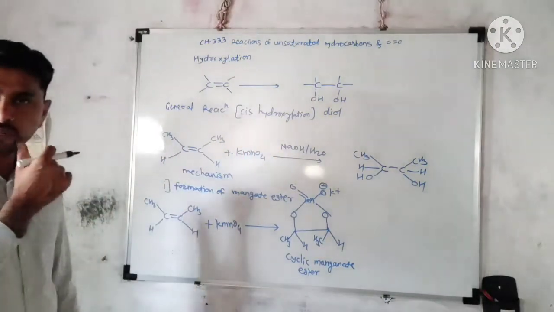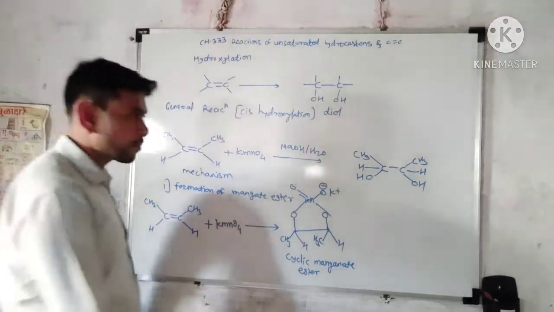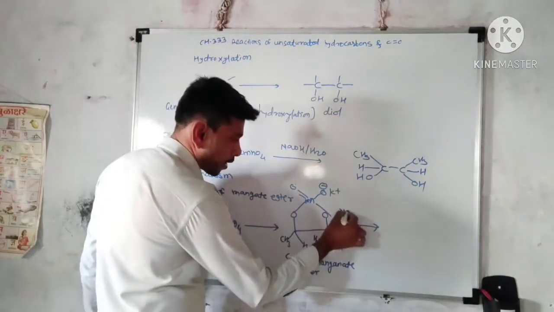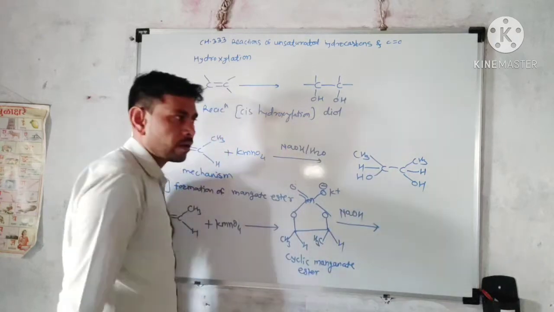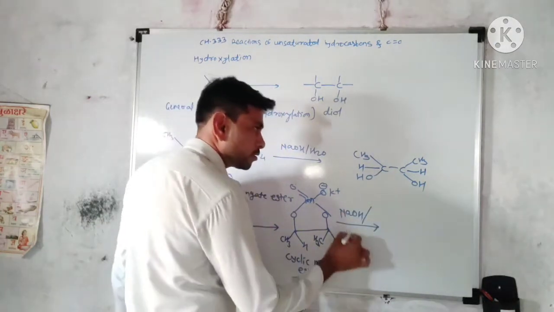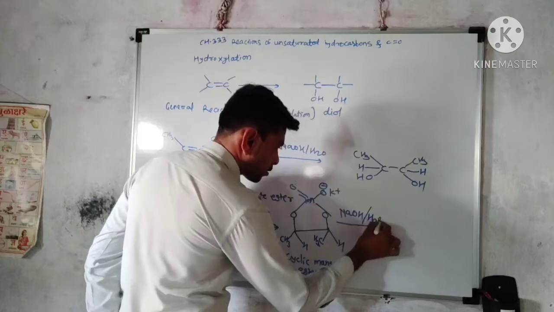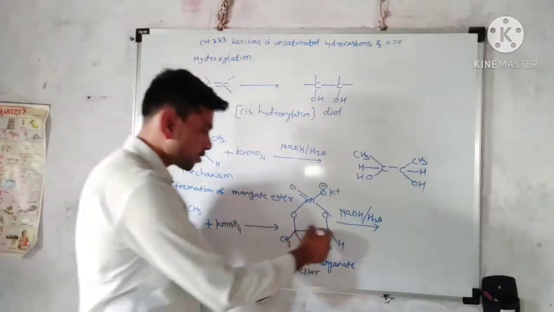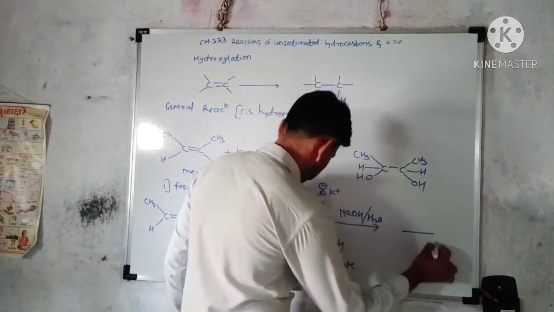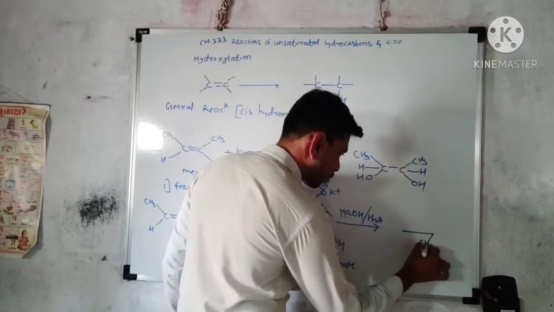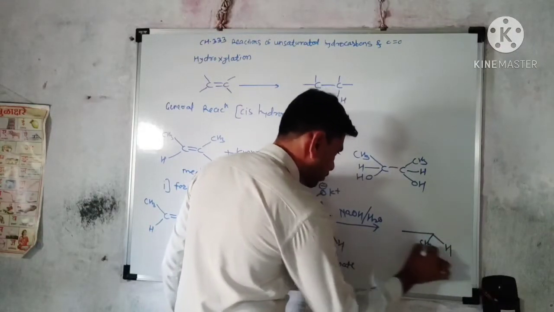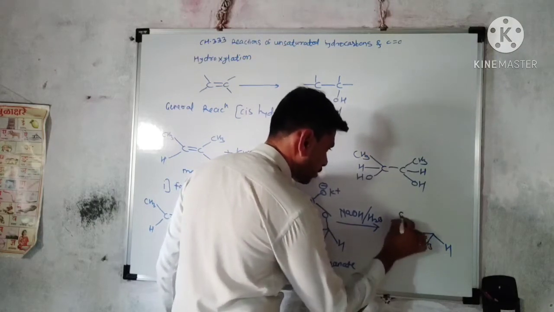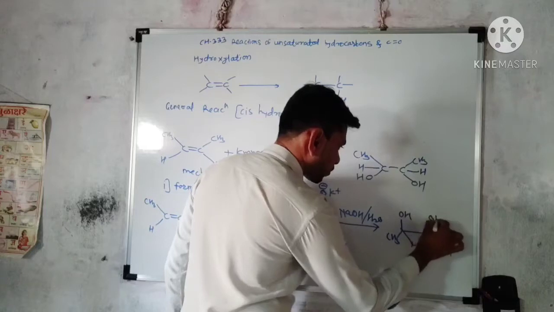This cyclic manganate ester, when in the second step we add alkali, in alkaline condition, breaks, and we get the diol product, but here the meso product. From cis we obtain meso diol.